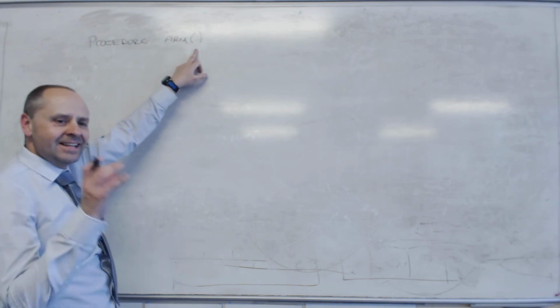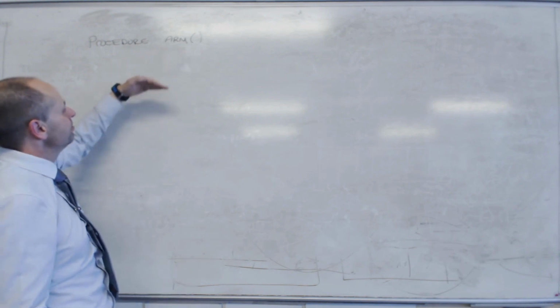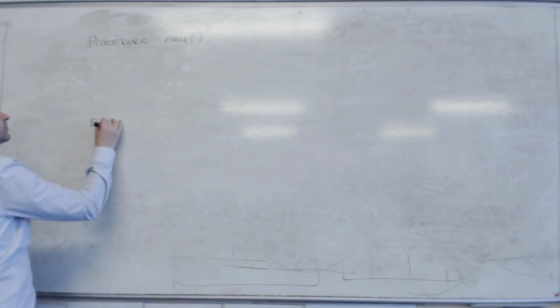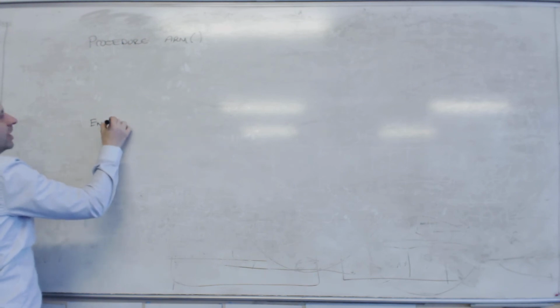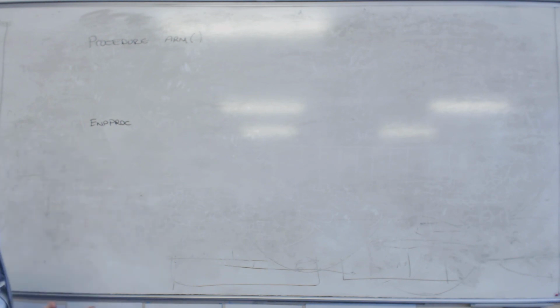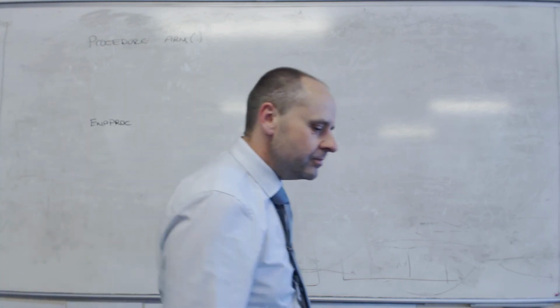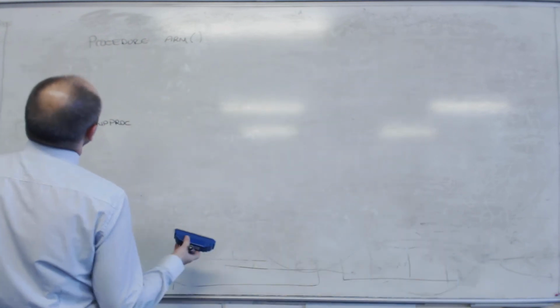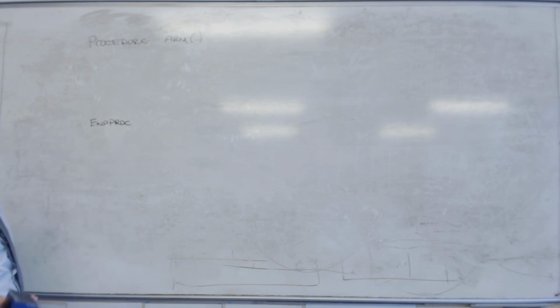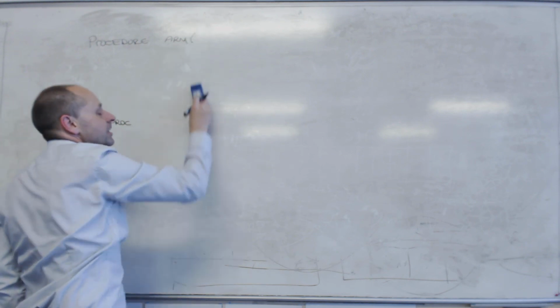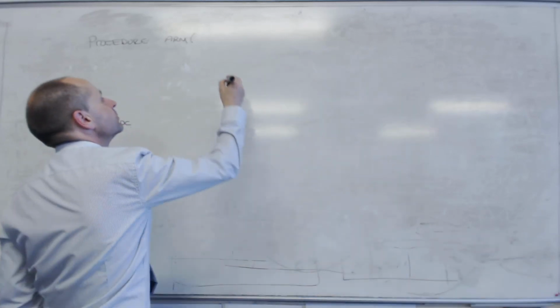A parameter is a value for that block of code to work with. So you can have procedures that don't need any data, okay, and they just do their job. This might be, I don't know, input, so you don't need to ask the user anything, you say, oh, give me some data.